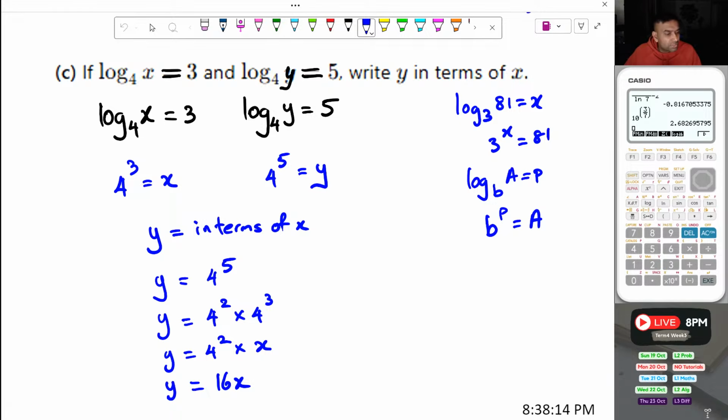Just give me 1 minute, folks. I just need to restart my TikTok live because it's playing up at the moment. 8:32 p.m. That's so weird. All right, what I'm going to do is end this and come back very shortly.